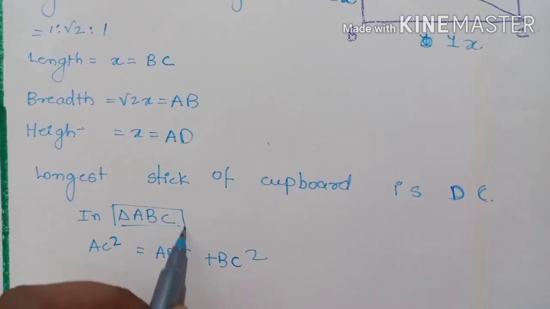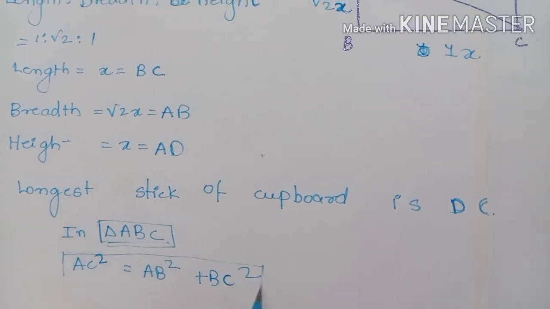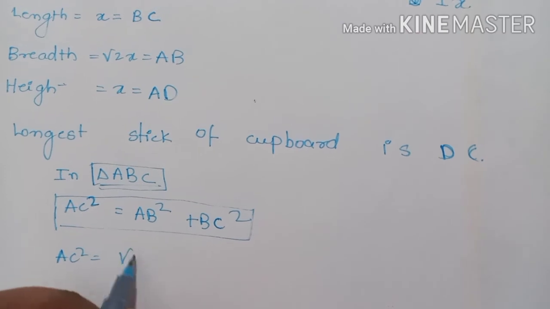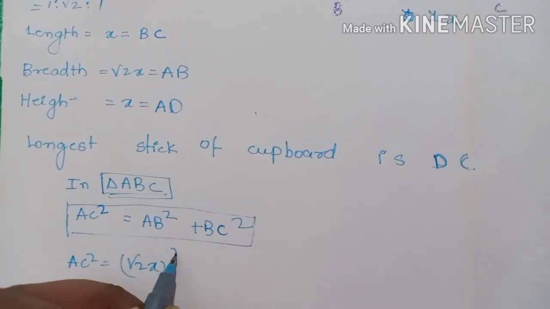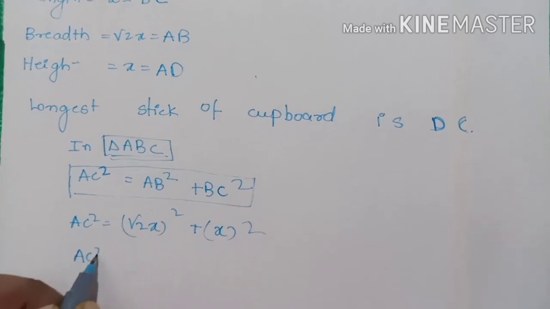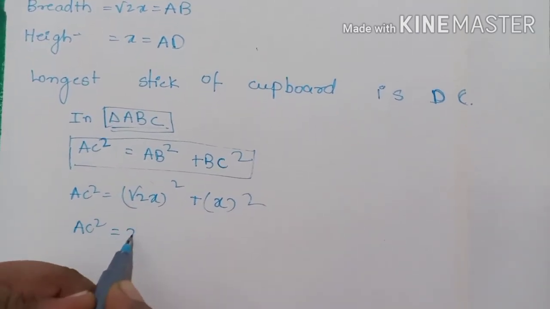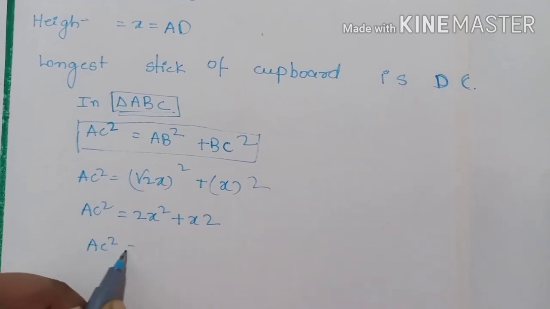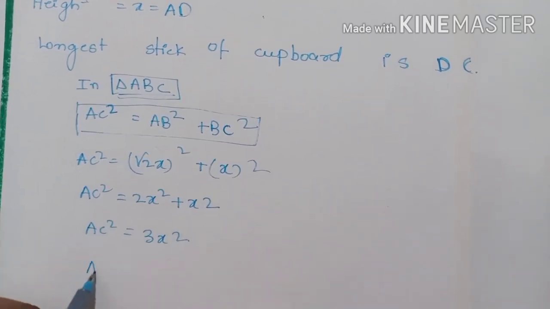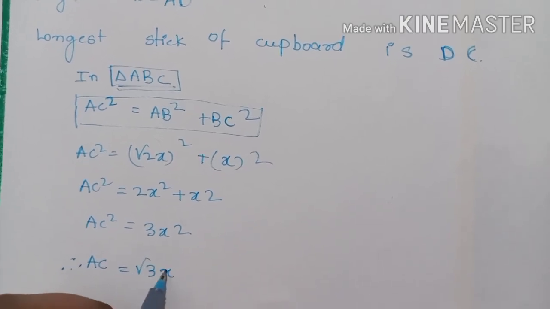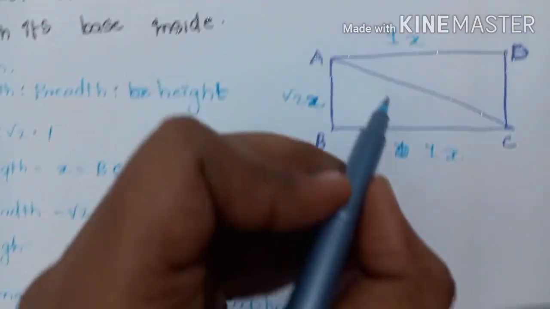As triangle ABC is a right angle triangle, this Pythagoras theorem is applicable. So AC square is equal to √2x whole square plus x whole square, which is 2x square plus x square. So therefore AC square is equal to 3x square. So therefore AC is √3x.